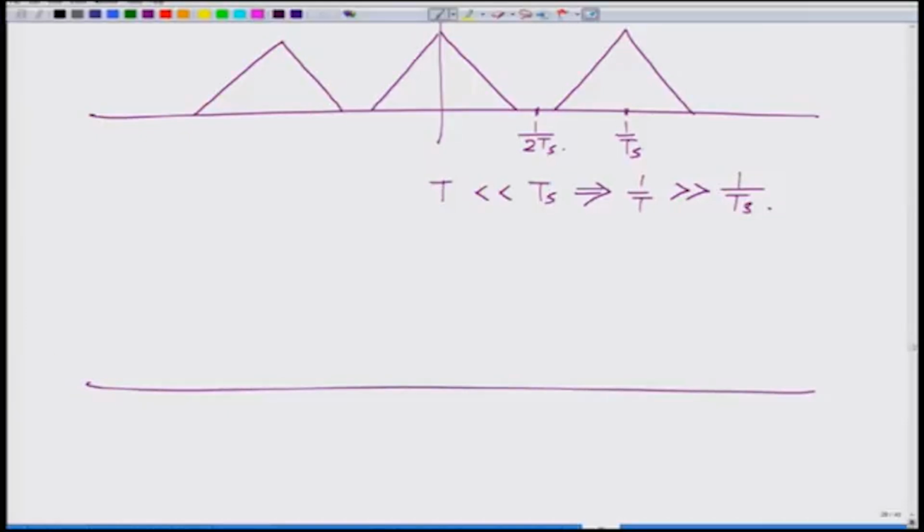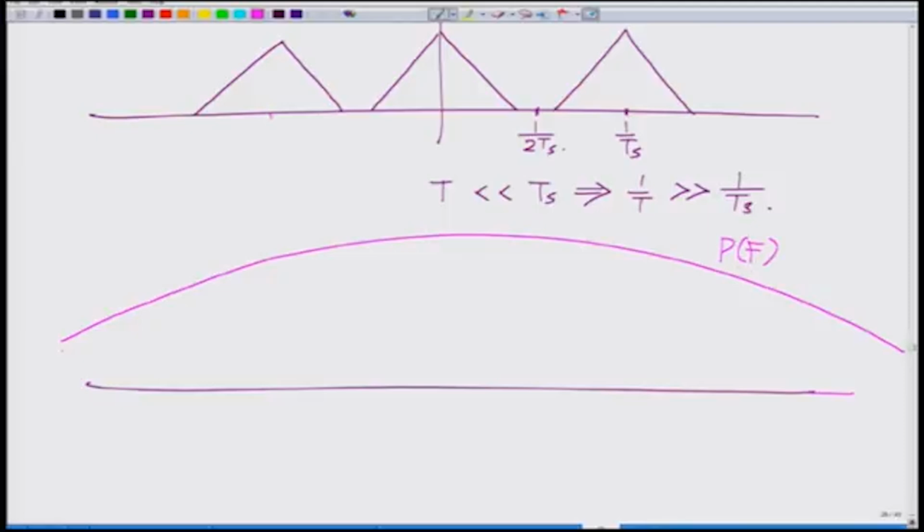So it will be something like, so this is my minus 1 over Ts and this is my 1 over Ts. So the zeros will lie somewhere over, so your sinc filter will look something like this. So this is your P of f, correct, which is magnitude t sinc ft.